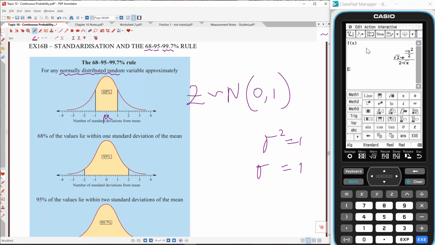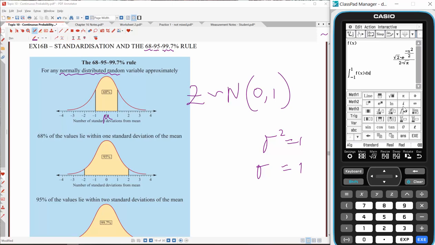So what I did earlier was define the function f of x as this function here. If you recall, that is just the standard normal distribution function from the last lesson. So what we're going to do is run a little integral. I'm going to integrate between 1 and negative 1 the standard normal distribution function dx.